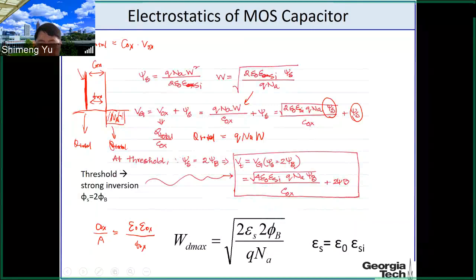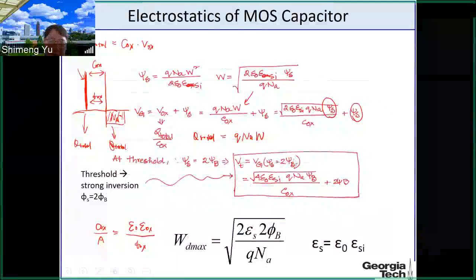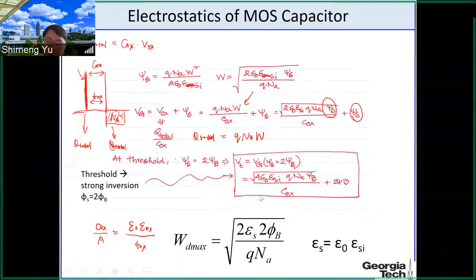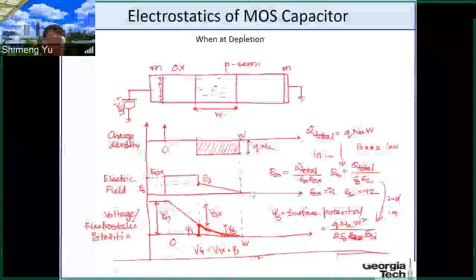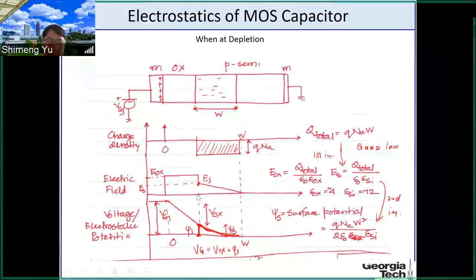I know the derivation is a little bit tedious, so I don't require the details of this derivation. What you need to know is the eventual conclusion here, this one, and also know the principle here. If you integrate charge, you get the electric field. You integrate electric field, you get the voltage potential.